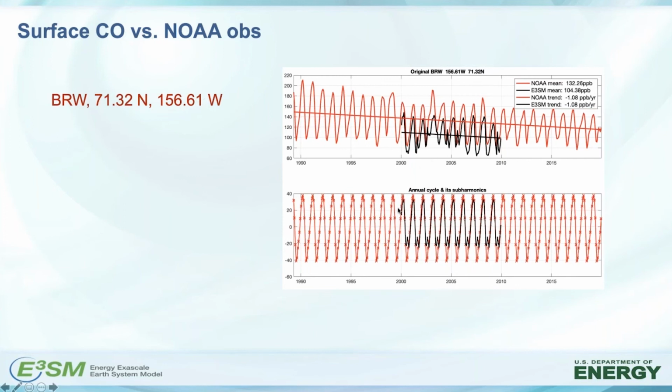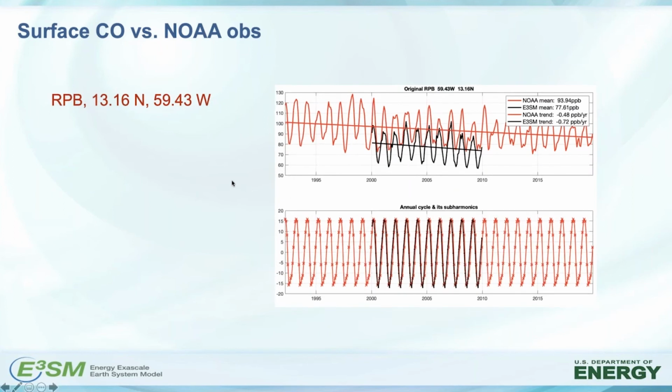And the annual cycle, so here we filtered the signals above annual cycle. So what's left is the annual cycle and the subharmonics. On the annual cycle, the magnitude and the phase also matched well. We missed the minimum there. So it seems to suggest some months are more problematic than other months.